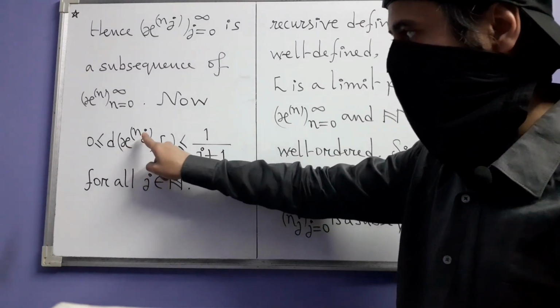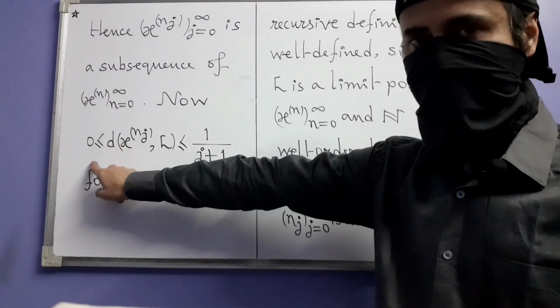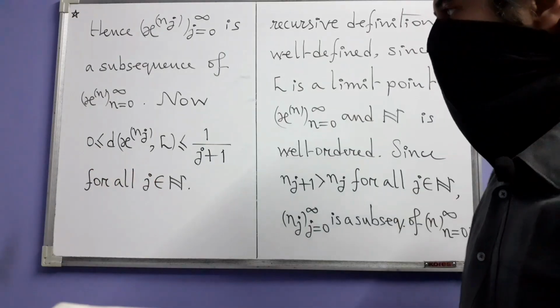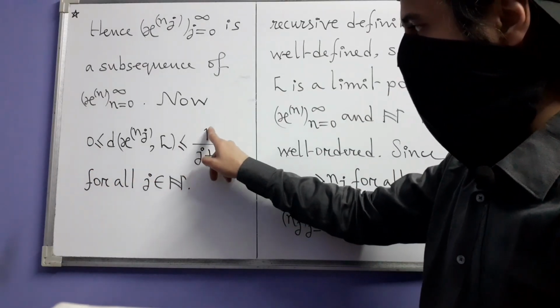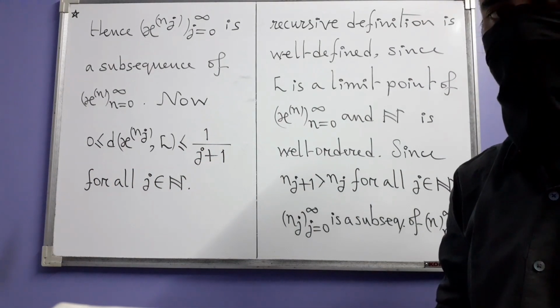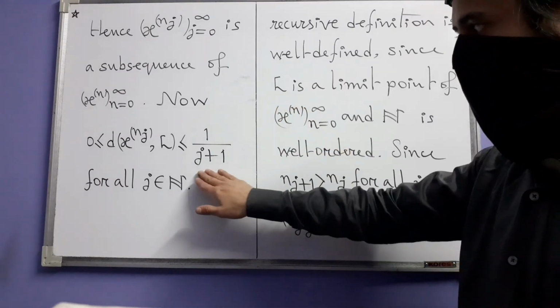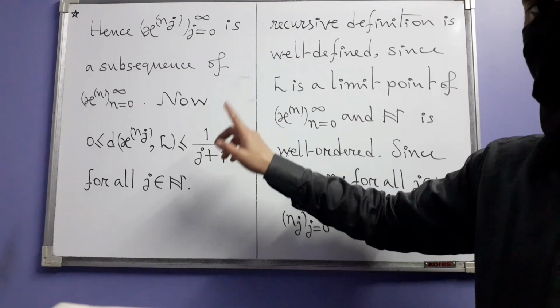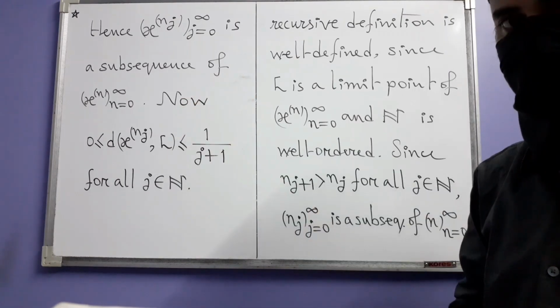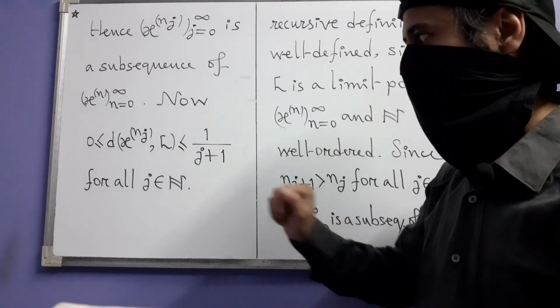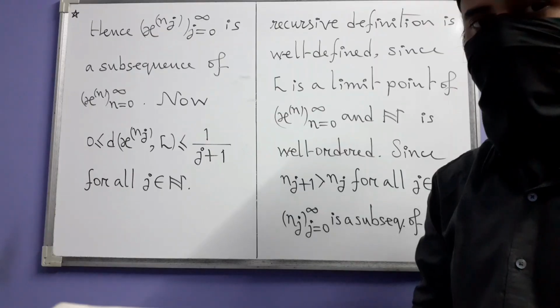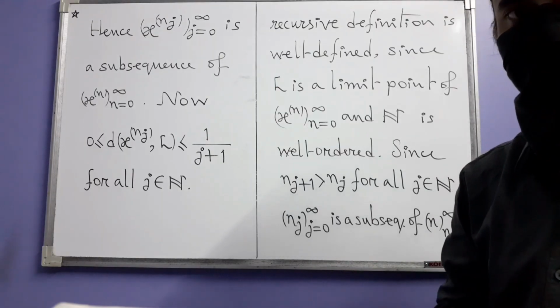The distance between xnj and L is of course greater than or equal to 0, that's always the case. But it's also less than or equal to 1 divided by j plus 1. You go back to the recursive definition. There actually you have j plus 2 here, but that is for nj plus 1. If you have nj, then here we will have j plus 1. What is it that we are using here?